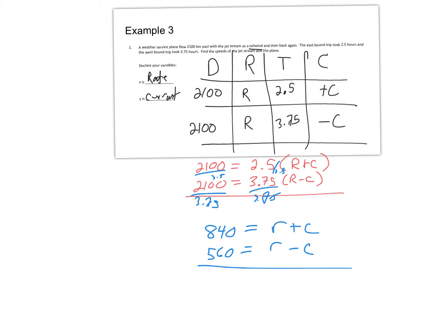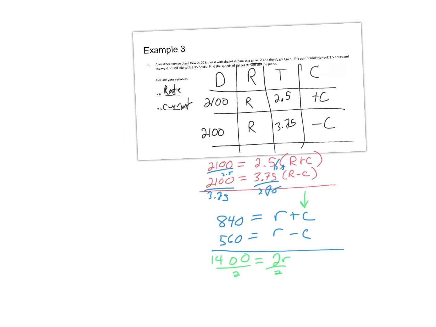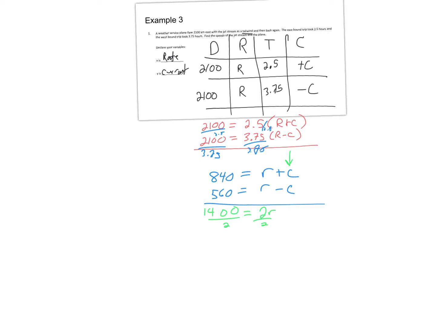All right, now we're set. C's are ready to go. Let's add down. 2r equals 2, it's going to be a 0, this is 0, 1,400. So when I divide by 2, scooch this one more time, so r, 700 equals r. All right, now we're going to go back here.